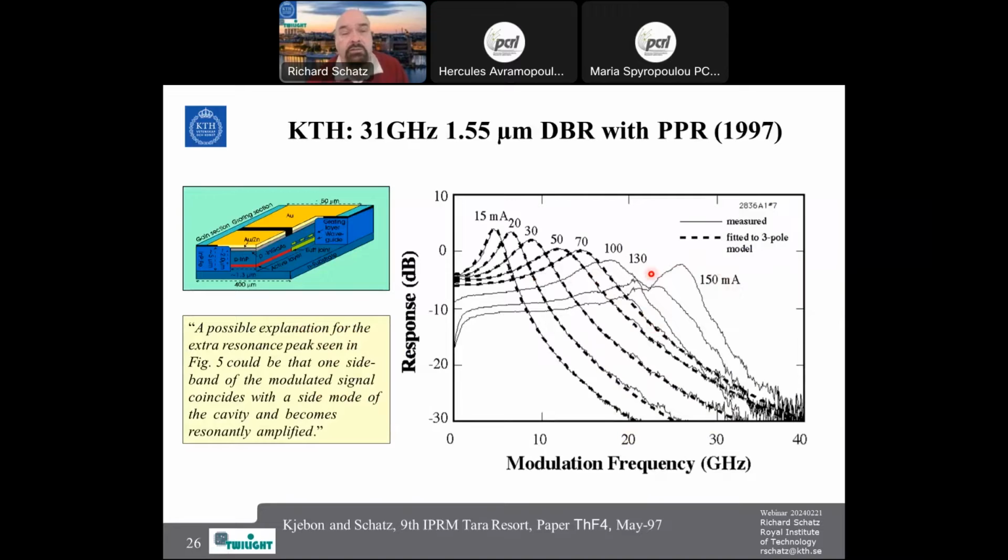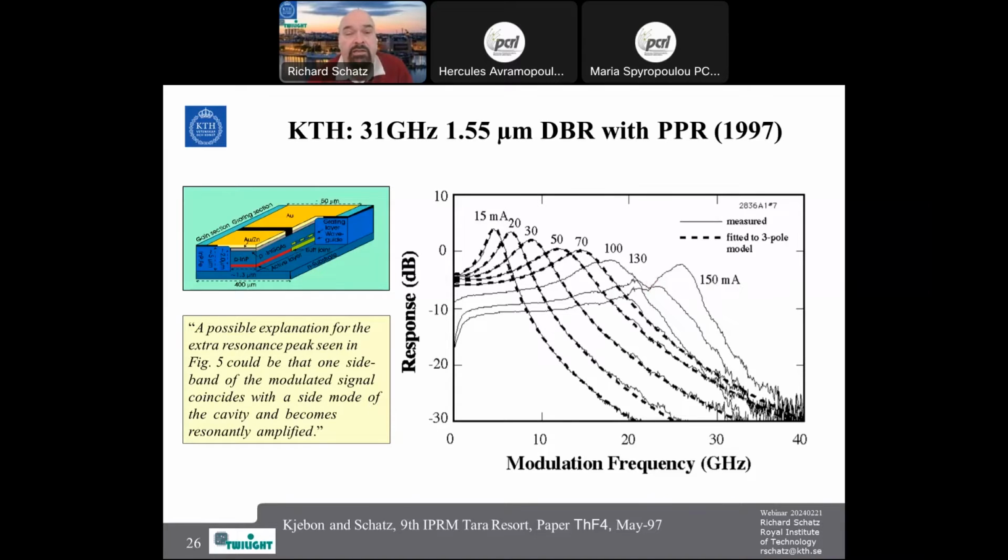Then we tried to understand what this was due to, and we wrote that a possible explanation for the extra resonance peaks seen in this figure could be that one sideband of a modulated signal coincides with the side mode of a cavity and becomes resonantly amplified.